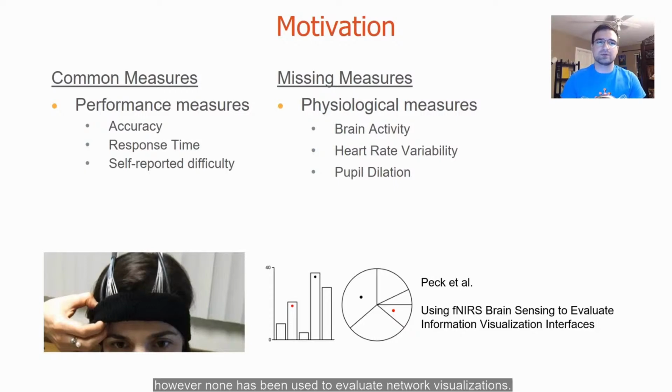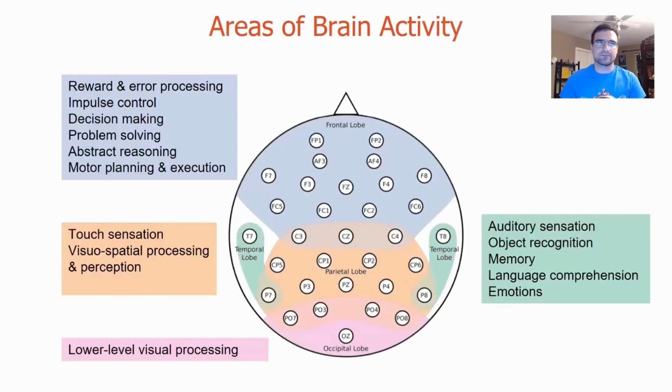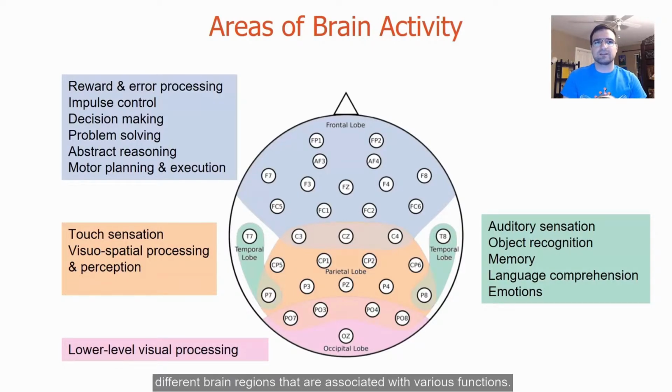However, none has been used to evaluate network visualizations. Neuroscientists have identified different brain regions that are associated with various functions. Knowing which parts of the brain are involved in visualization tasks would help us understand and better evaluate cognitive load. To our knowledge, no previous study has investigated brain activity for a network visualization task.